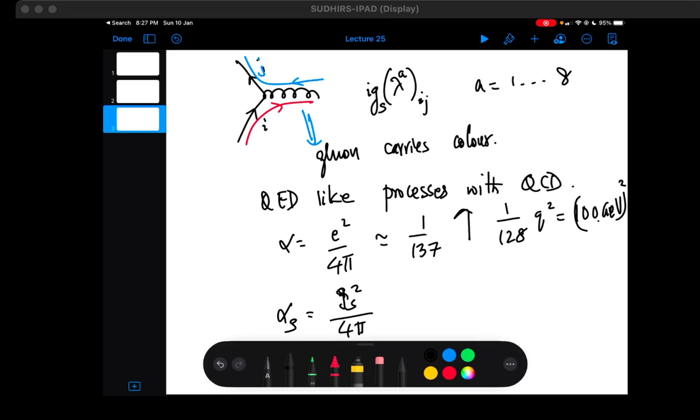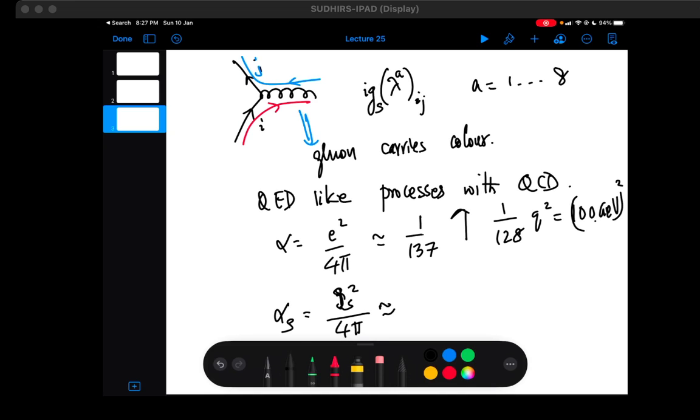At low energies it is already order 1, at lambda QCD, around a few GeV, and it falls down. So it is pretty large at low energies and falls down at Q squared of 100 GeV. By an order of magnitude, it becomes 0.112 at the same energy scale, hundreds of GeV.